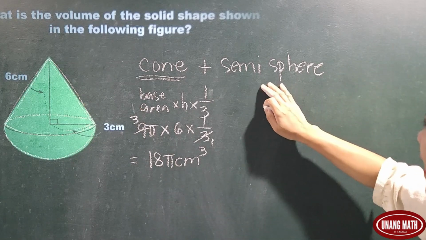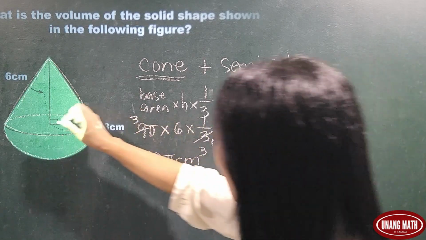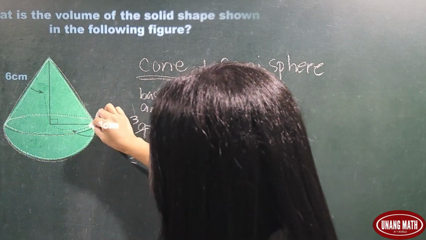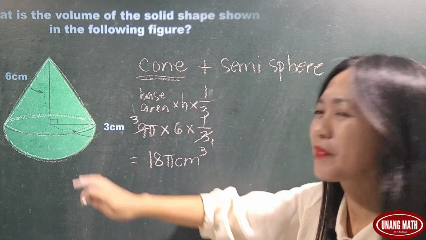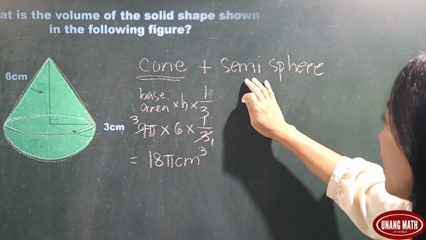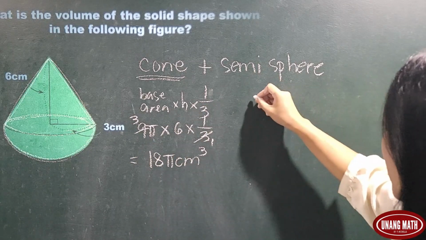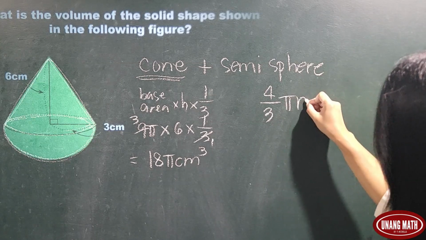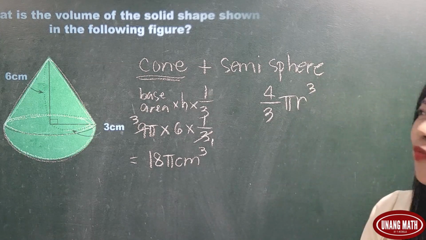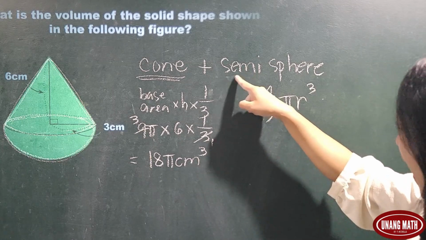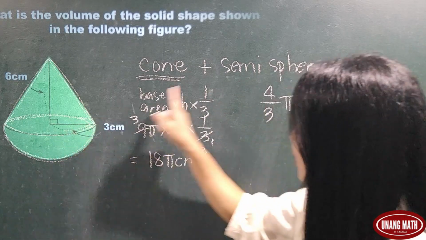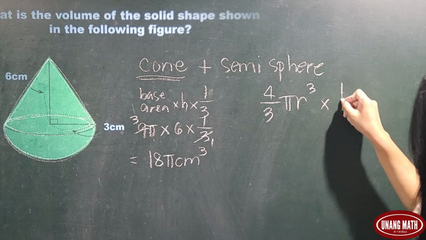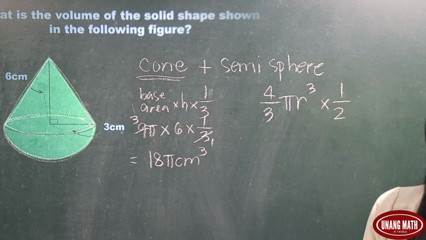Now, let's get the volume of this semisphere or half of a sphere. To find the volume of a sphere, this is 4 over 3 times pi times radius raised to the power of 3. And since this is half of a sphere or semisphere, we have to multiply this by 1/2.